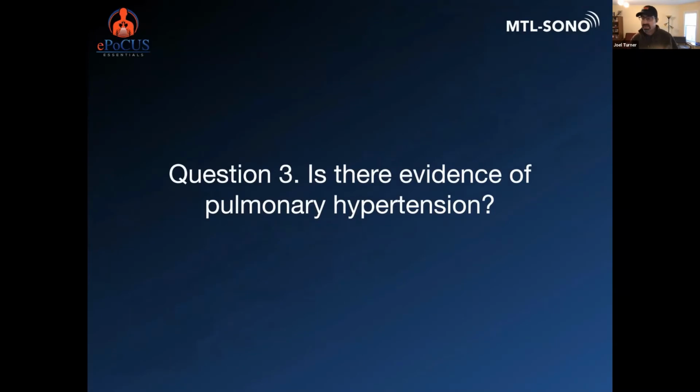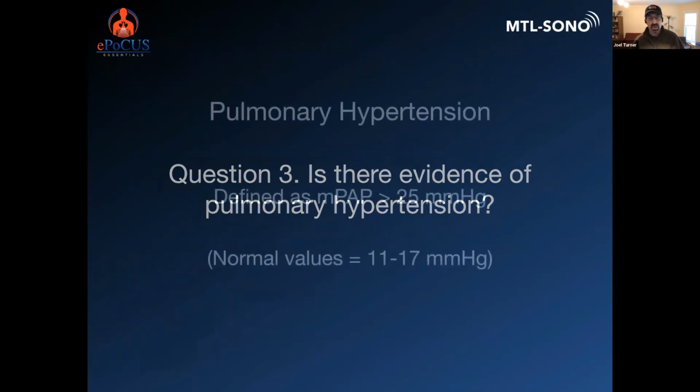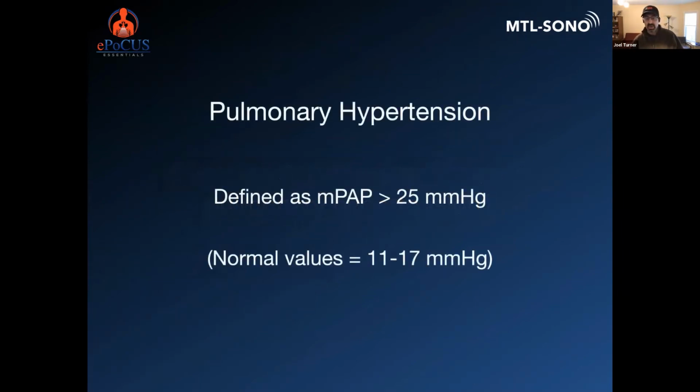All right, so finally, the last part is what I think is the most sophisticated question, and is whether your patient who presents with shortness of breath or edema or a syncope, is there any pulmonary hypertension in your patient? So what is pulmonary hypertension?